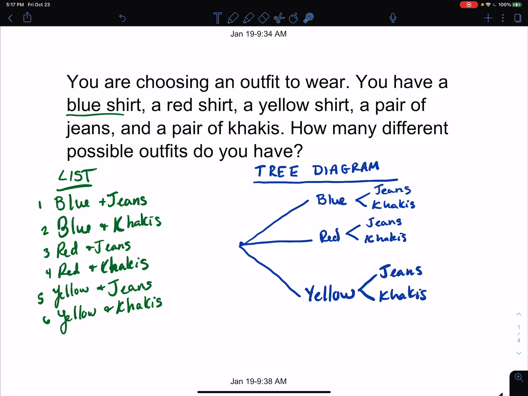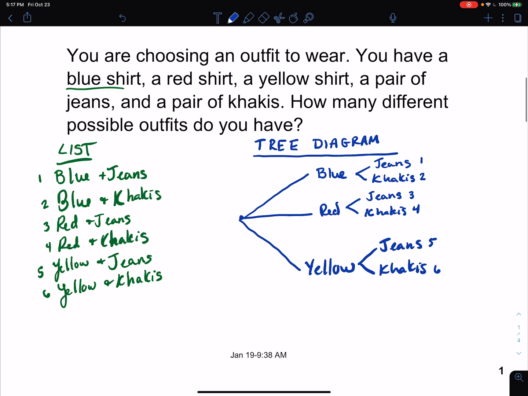So here, if I was trying to read an option, I'm going to follow one of these lines. So I could say I wore a blue shirt with jeans or a blue shirt with khakis. So you're just following those branches of the tree. And then to find how many options there were, we'd count the different branches. So I have 1, 2, 3, 4, 5, 6 total branches again.